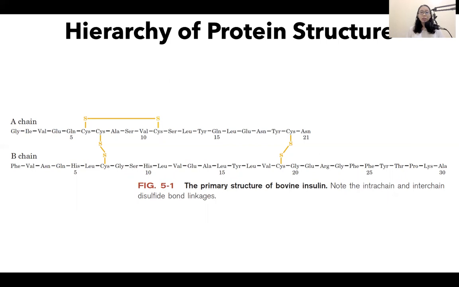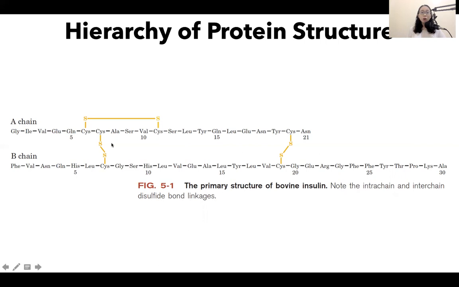So, for example, here we are shown insulin from a bovine source. We see here that insulin has two chains, two polypeptide chains. We have the A chain and the B chain, and we see the sequence of amino acids in each chain.